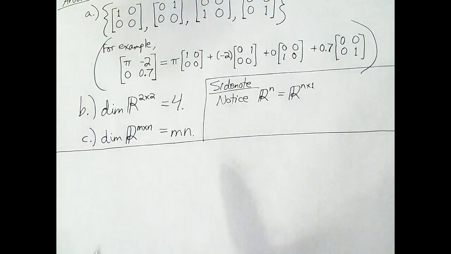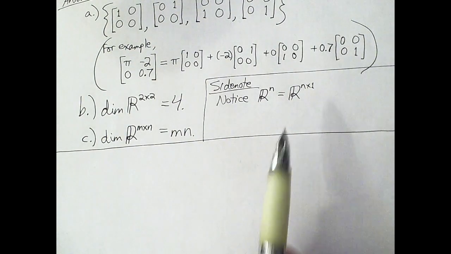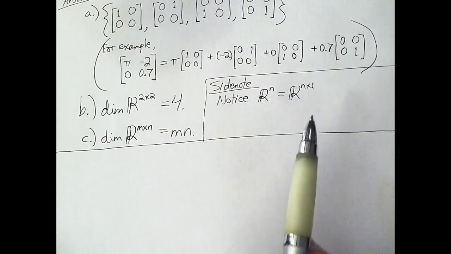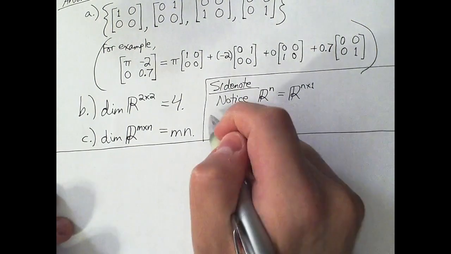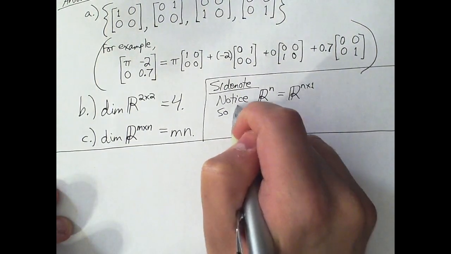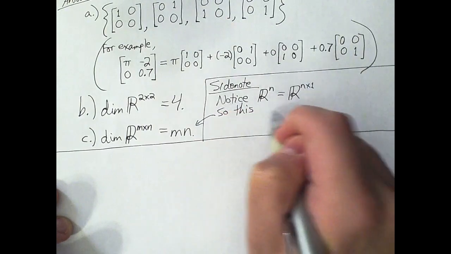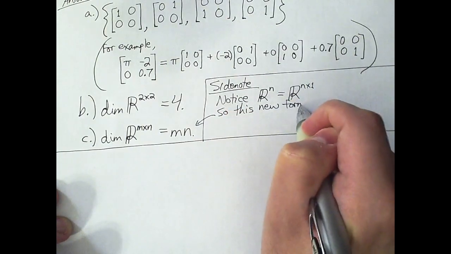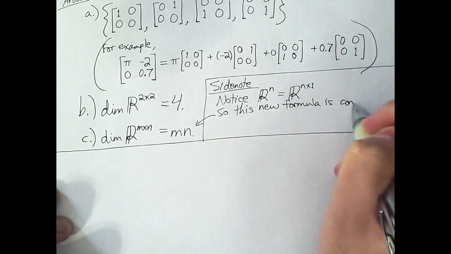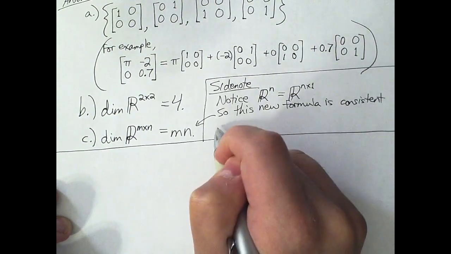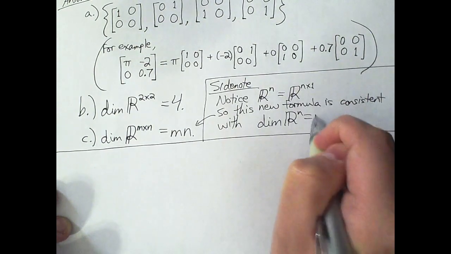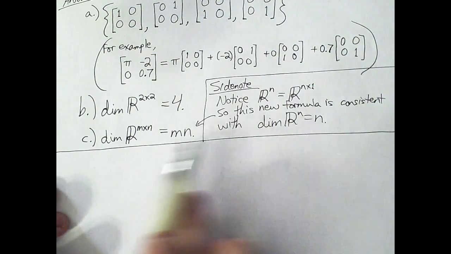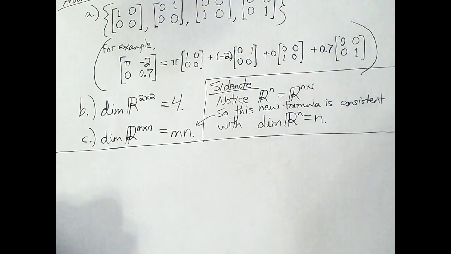Column vectors are just a matrix that has 1 column. So this new formula is consistent with what we've said before, which is that the dimension of Rn equals n. I'm just showing you that these two formulas don't contradict each other.